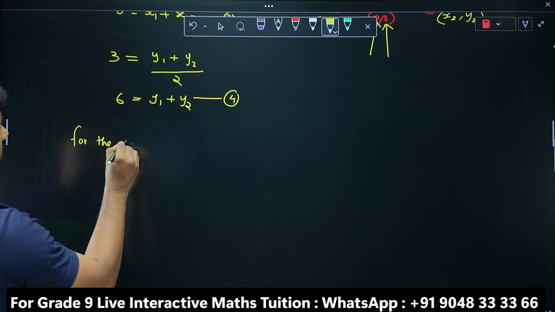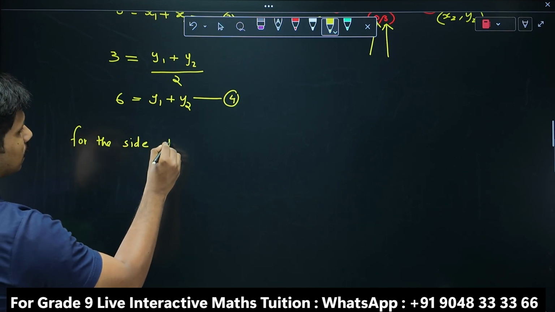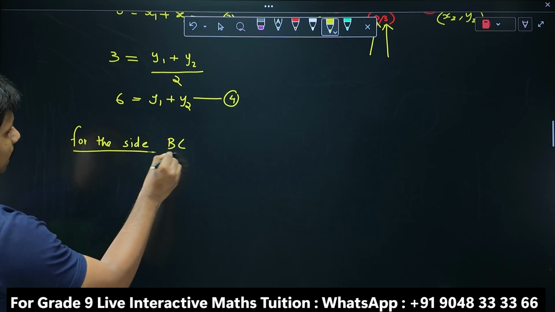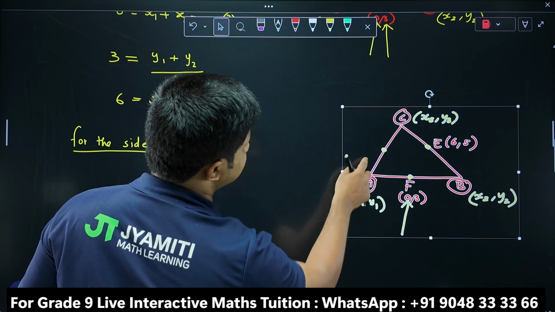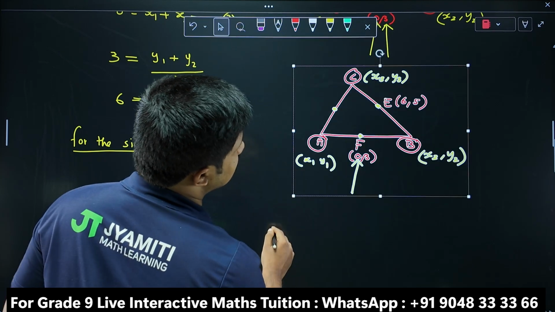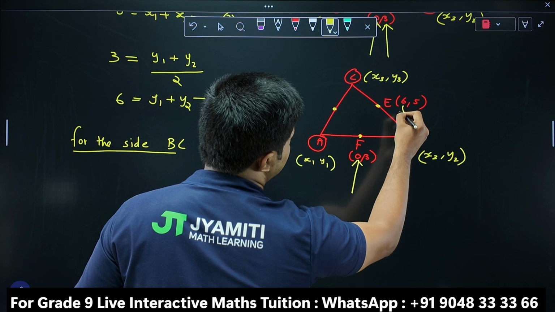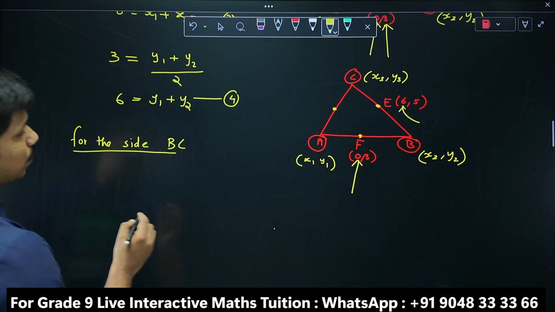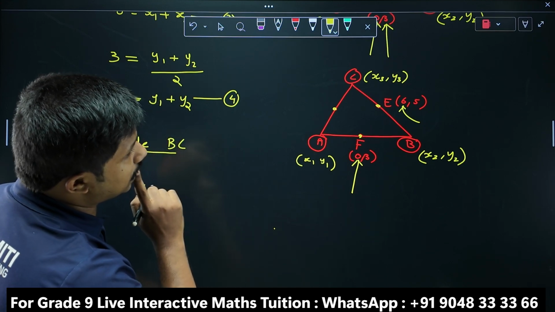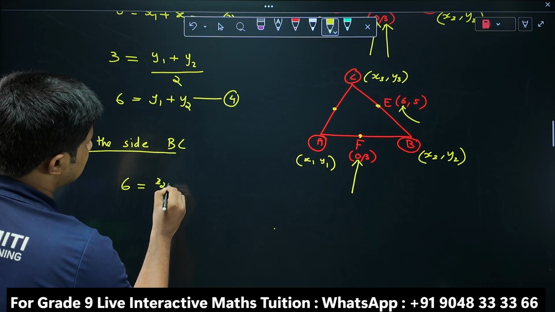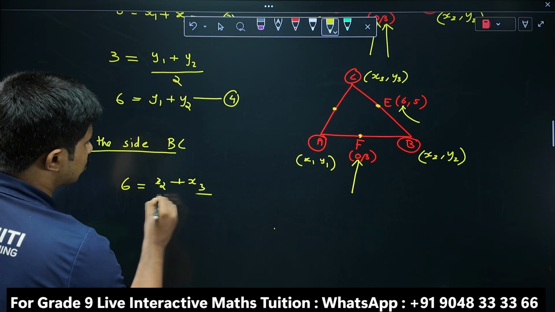For the side BC, the x coordinate of the midpoint, 6, will be equal to the sum of the x coordinates of the endpoints by 2, that is (x2 plus x3) by 2.